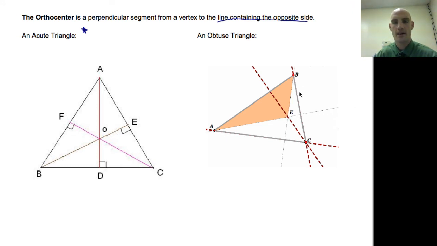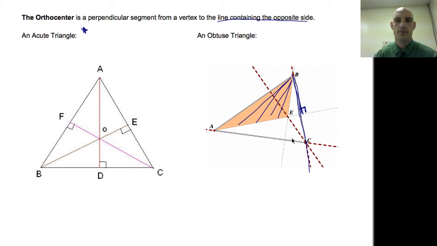And so if I'm taking a line from B to AE, so it's the opposite side, I can't get there. If I go to any of these spots here, it's not going to be a 90-degree angle. So I have to come all the way out here to get my 90-degree angle. And it's the line containing that opposite side. And if I continue that line, it's going to come to this point here.